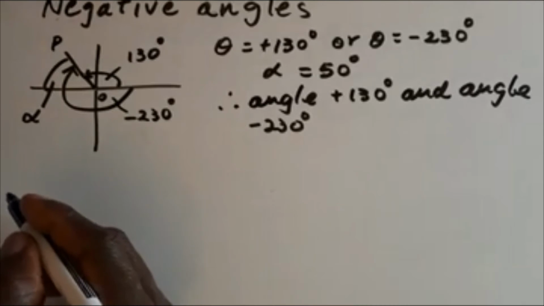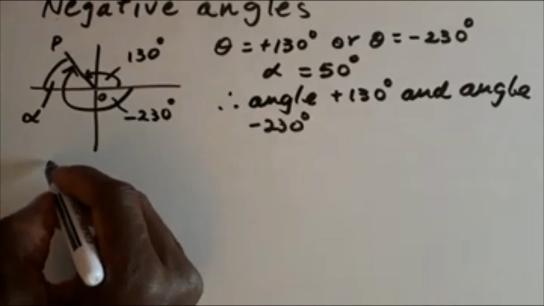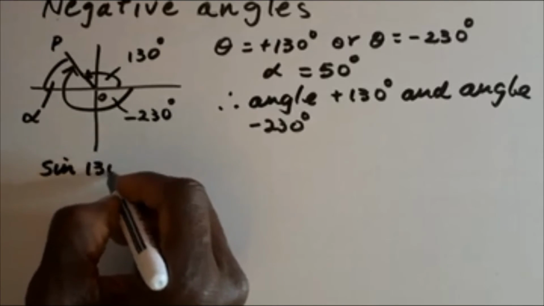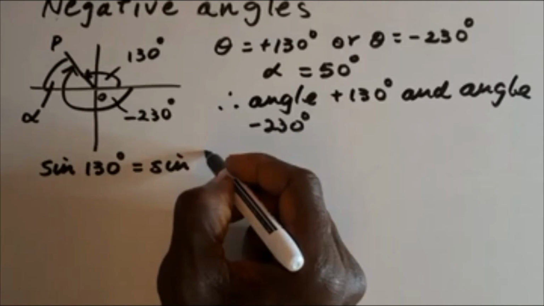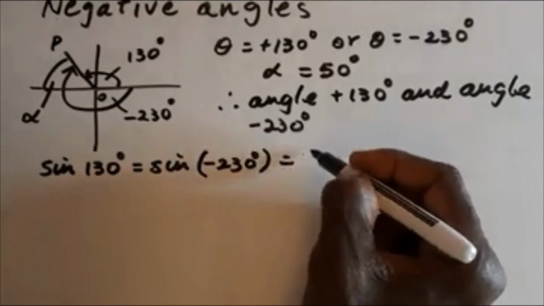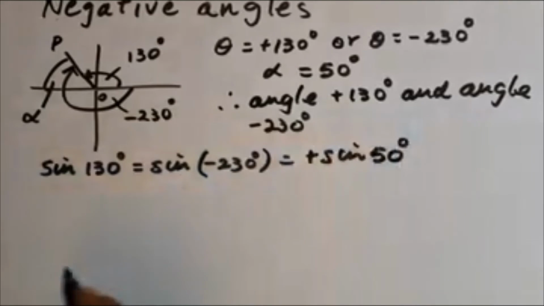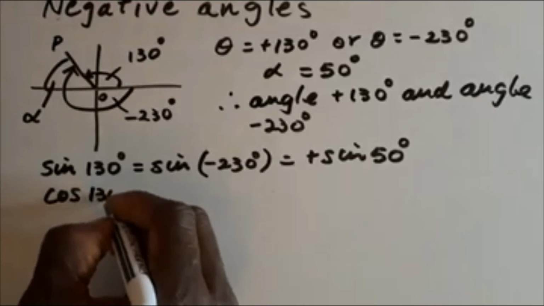So with P in the second quadrant, and the sine ratio positive, we have that sine 130 degrees is equal to sine minus 230 degrees, and that's equal to a positive sine 50 degrees. Then we have cosine 130.